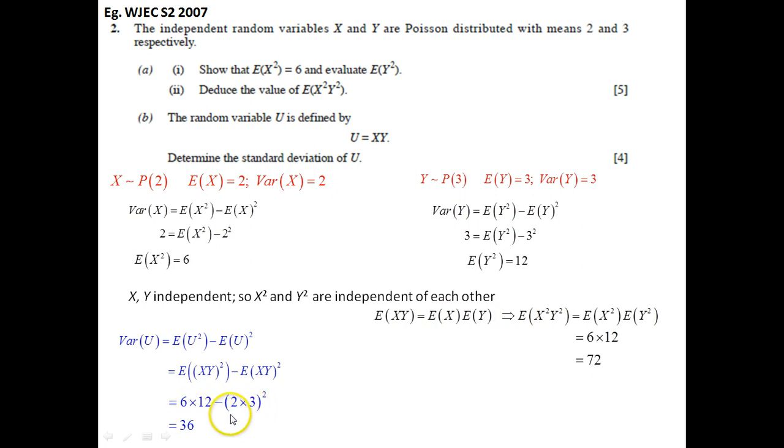I've got 72 minus 6 squared, which gives me an answer for the variance of 36. So the standard deviation is the square root of that, which is 6. You need to go through the variances. You need to use the E of x squared, the E of y squared, the E of u squared.